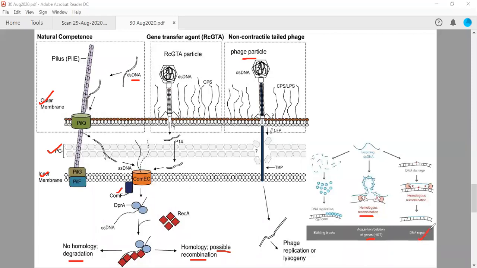So three ways are possible if the single strand of DNA enters the cytosol of a bacterial cell. Either it will be degraded, making nucleotides which are used in the DNA replication process, or if it undergoes homologous recombination, it will make the transformed cells, or it can be used in the DNA damage repair method, in which this single strand of DNA is damaged.